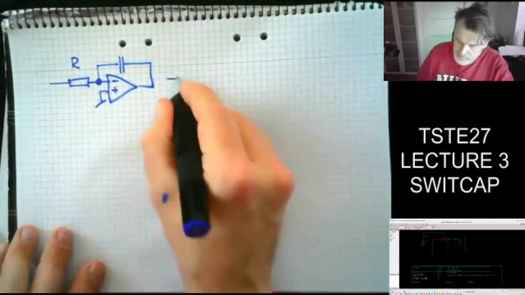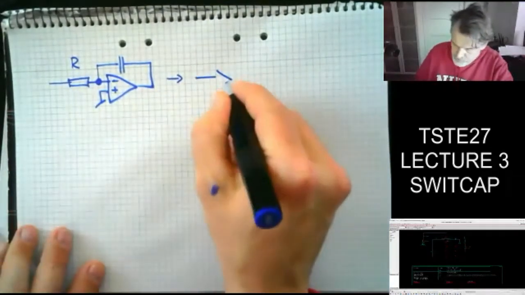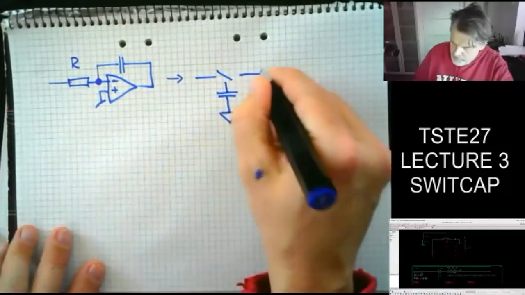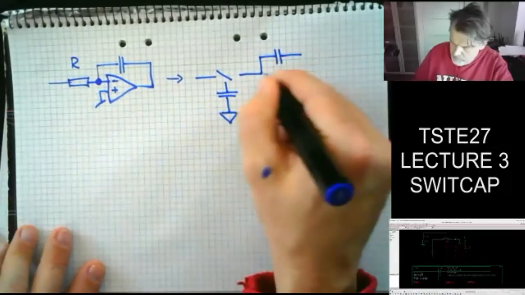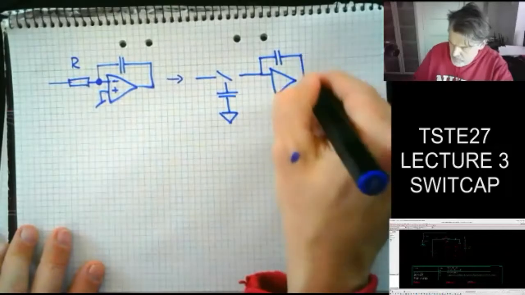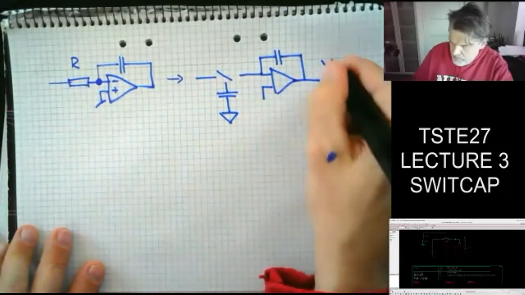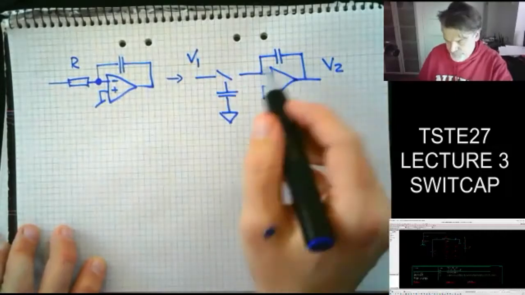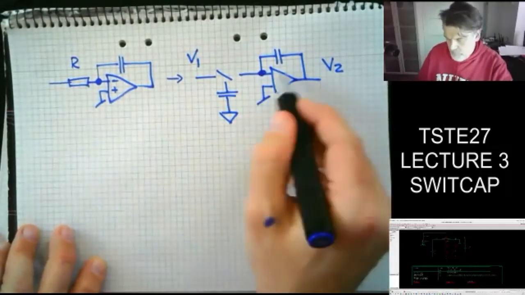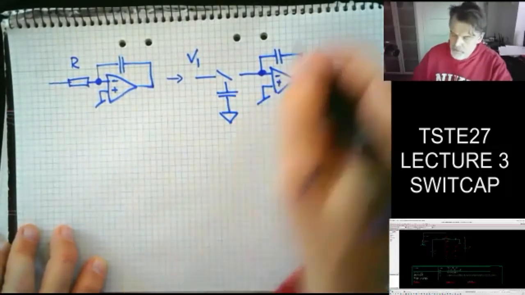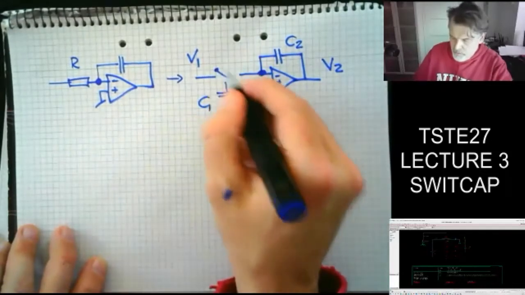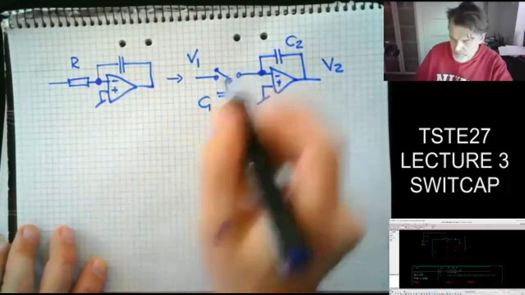So let's just look at the following. I connect the capacitor like this, and then I connect up here like that, and then I connect V2 here and V1 here. And then we have C2 here and C1 here, and the switch operating back and forth.